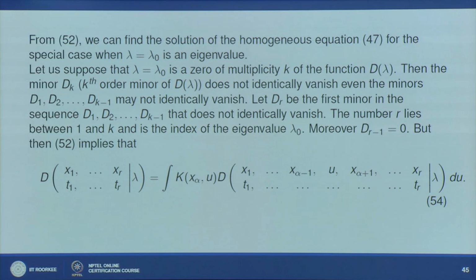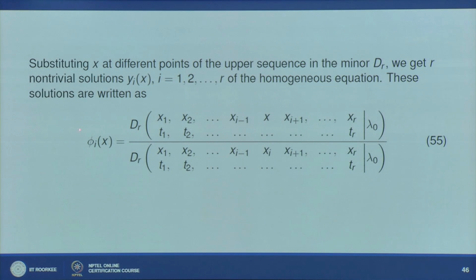So this D(x1 to xr; t1 to tr), the rth minor, satisfies the homogeneous Fredholm integral equation. Here we can say that if we substitute x at different points of the upper sequence in the minor D_r, we can get our non-trivial solution phi_i(x), which is defined like this.